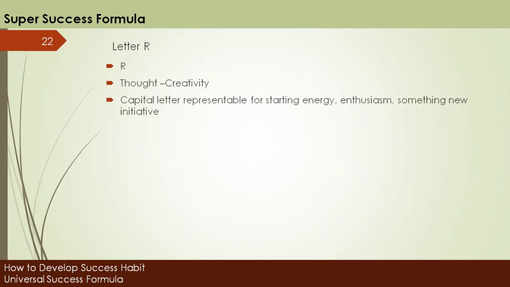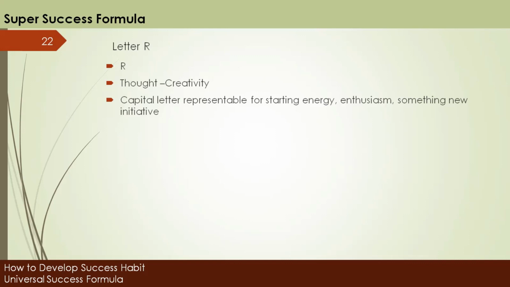And again, we have to think of a situation where letter R is used as the first word of a line or a paragraph, and it describes a situation where it represents a starting energy, enthusiasm, and something new.